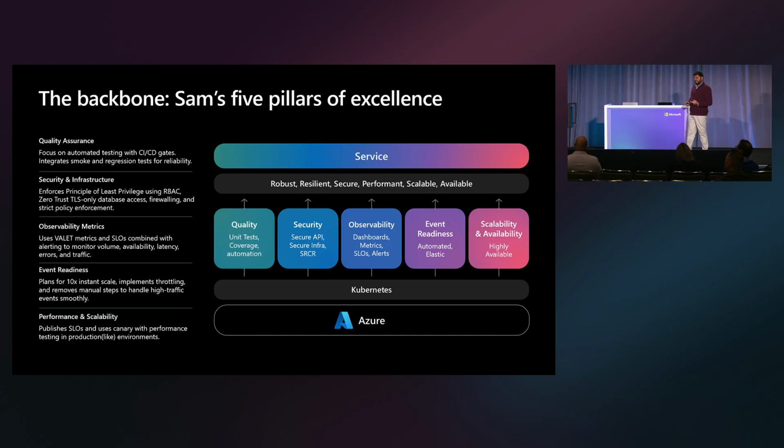We got to be event ready at any point in time. That means we should be able to take 10x scale without any manual steps. And always we got to use the best possible patterns that are there in the industry to achieve scalability and availability. We should be able to test it on a near-production similar system at any point in time with a click of a button. And it all rests on Azure and Kubernetes.